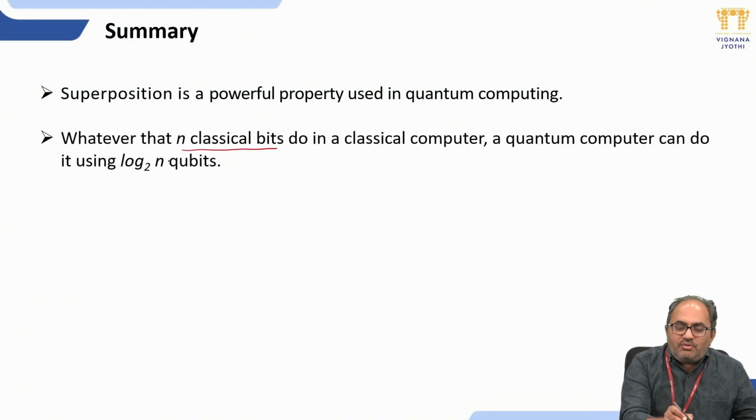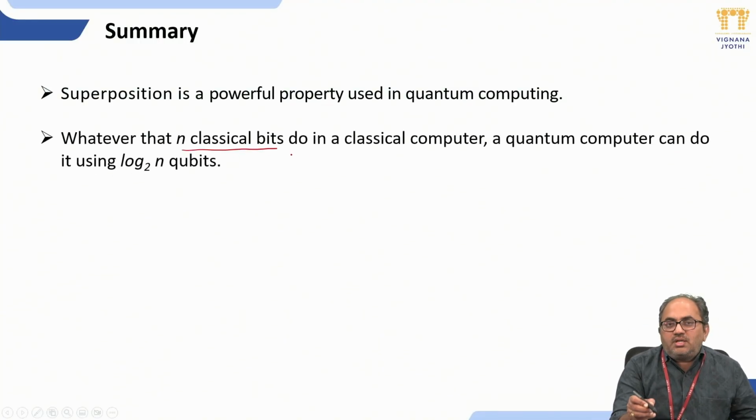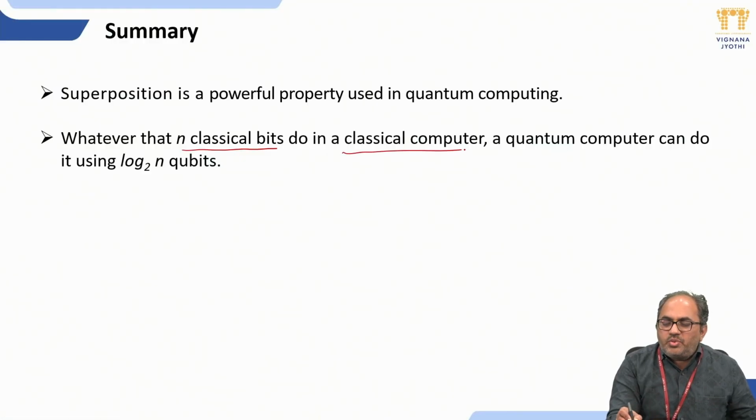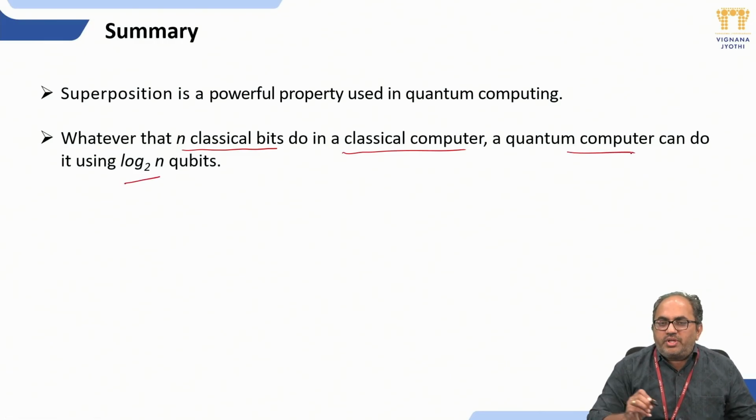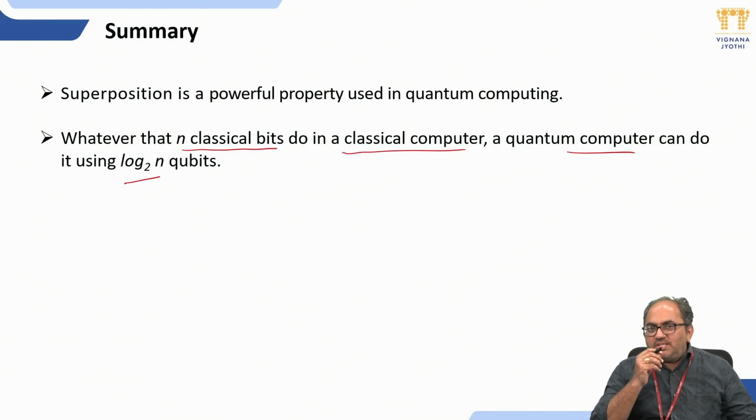Whatever n number of bits do in classical computing, the same thing you get using only log n base 2 number of qubits in quantum computing. So you are generating a large number of states using qubits.